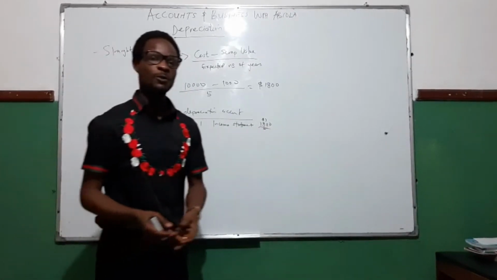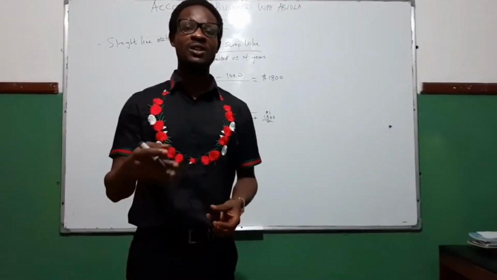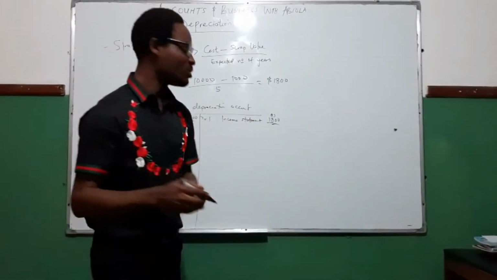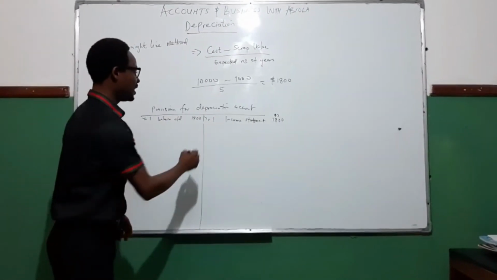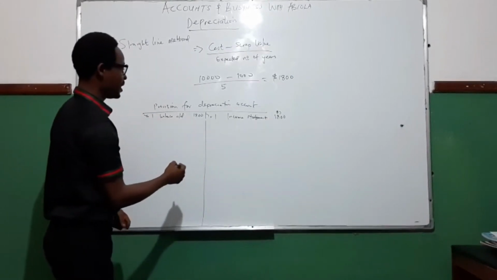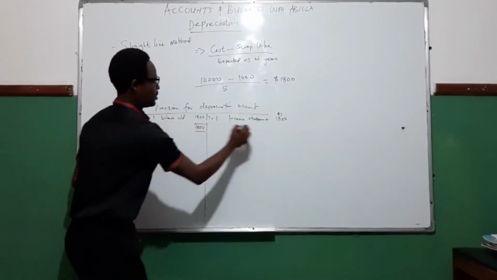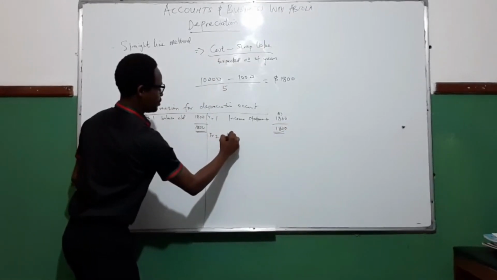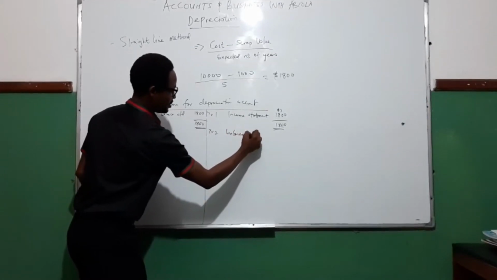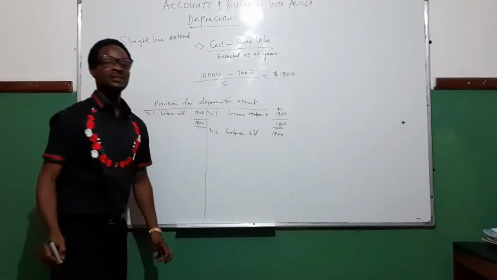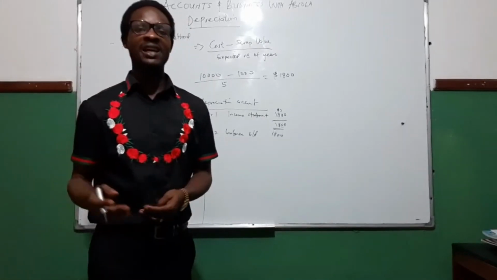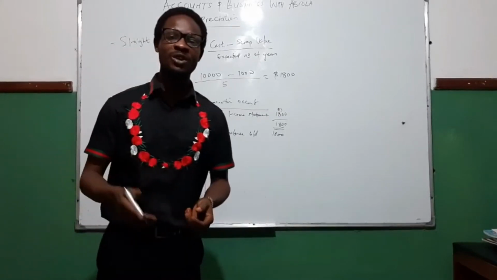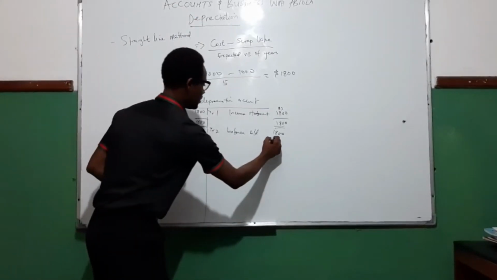And for year 2, because it is depreciation using straight line method, the year 2 will be the same amount, which is 1,800. And if this balance is carried down and we have this amount, then in year 2, that balance is brought down, and since the method of straight line will use the same amount, that means year 2's provision for depreciation will also be 1,800.